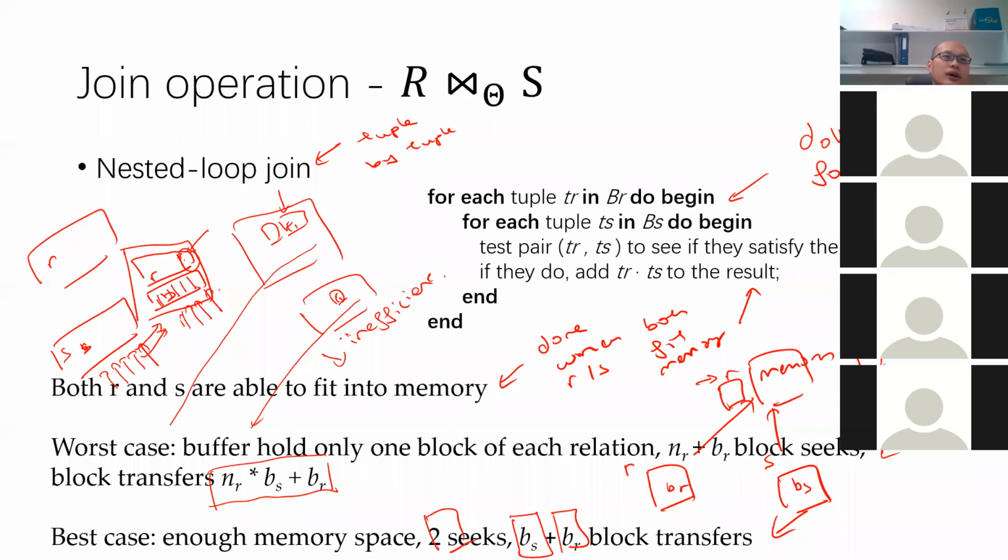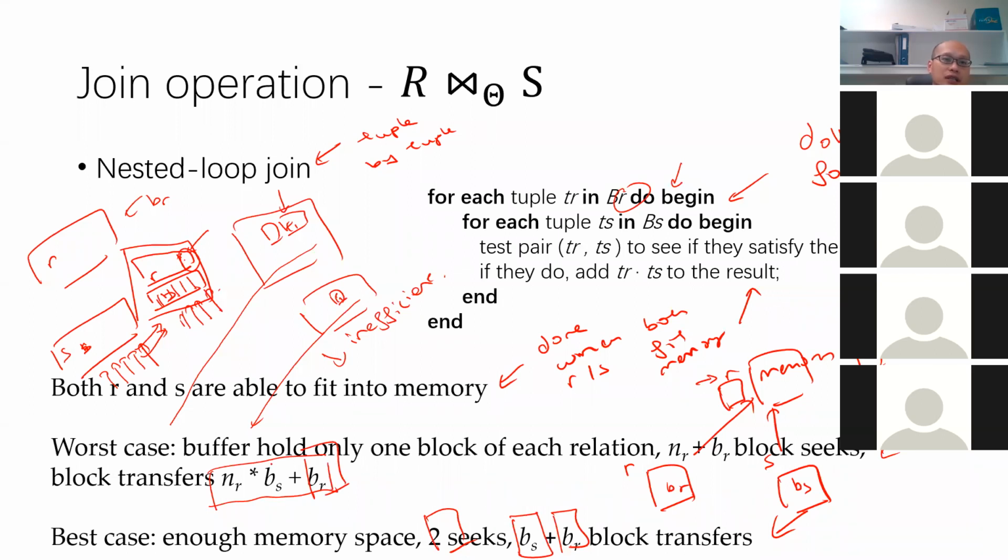R is my outer loop, and you notice that the number of block transfers it takes for R is only BR.